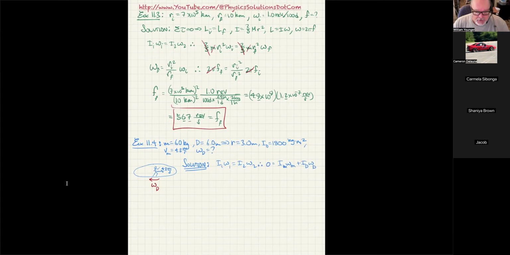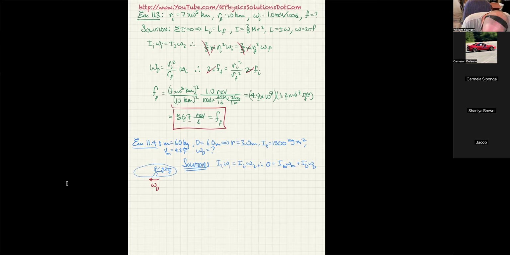Your book actually chose to use a negative between these, and you can do that, but I like the actual result to show a negative to point out that if we call the person's velocity this positive quantity, then we expect the disk's velocity to be in the opposite direction. I'm using them as both positive.